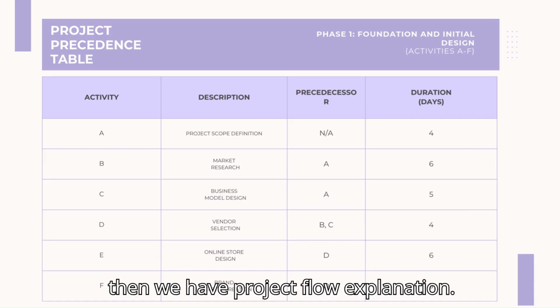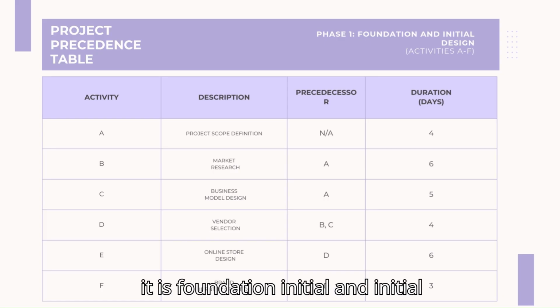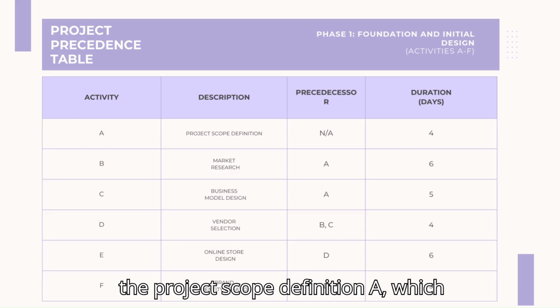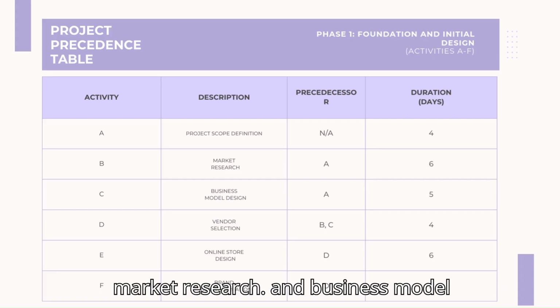Then we have the project flow explanation. Phase one: foundation and initial design, activities A to F. The project begins with the project scope definition, A, which is the starting point for both market research and business model design.